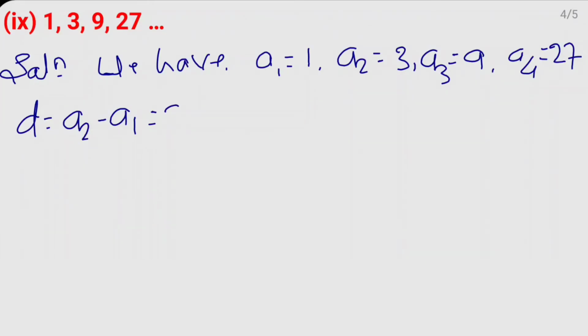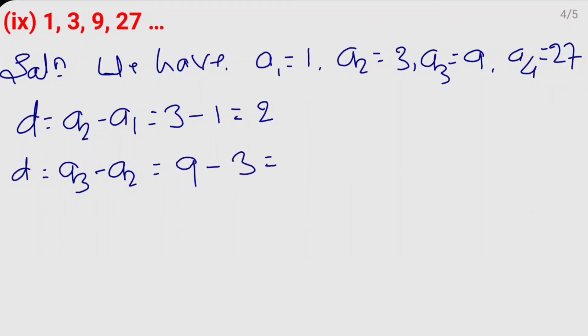A2 is 3 minus A1 is 1, so 3 minus 1 is 2. Next D, A3 minus A2. A3 is 9 minus A2 is 3, so 9 minus 3 is 6.